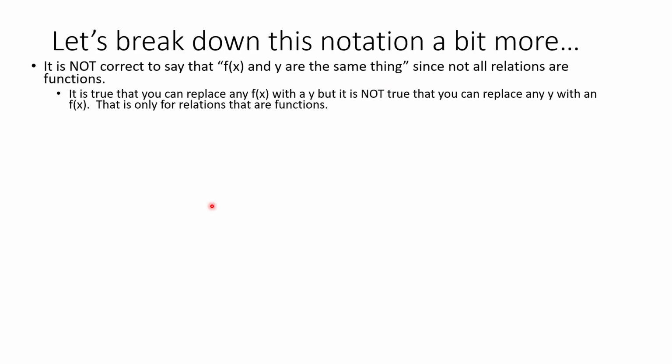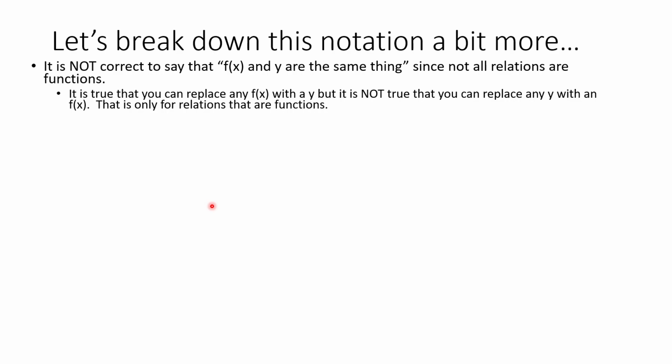Now, we're going to break down this notation a bit more because there is a very common but imprecise way of conveying these ideas. It is not correct to say that f of x and y are the same thing. I want to be careful about how I say that because I am very quickly going to seem like I'm contradicting myself.